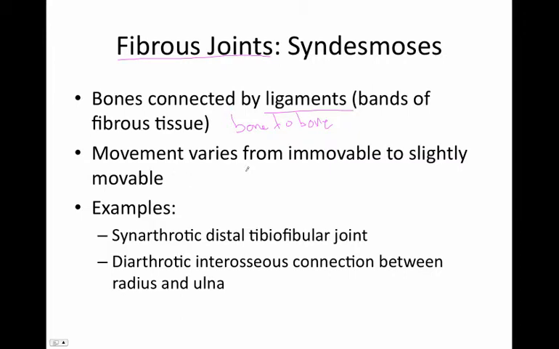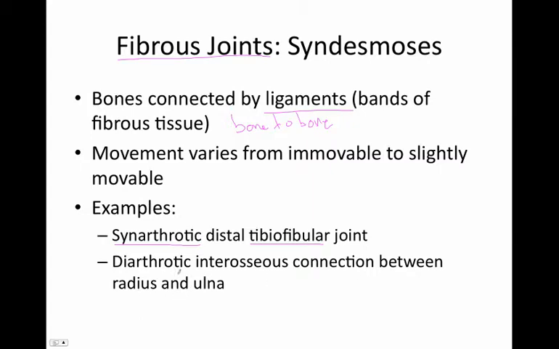Movement is going to vary from immovable to slightly movable, and examples of this would be the synarthrotic distal tibiofibular joint. So the joint between the tibia and the fibula would be considered to be synarthrotic, so not movable in this type of structure.